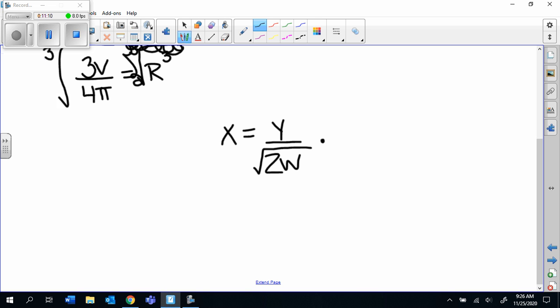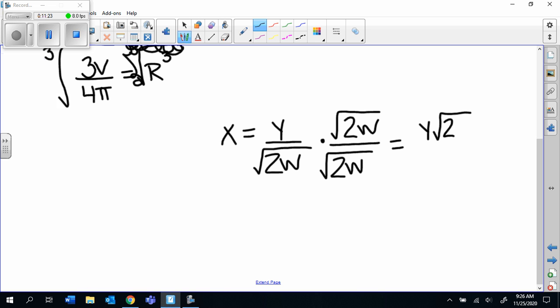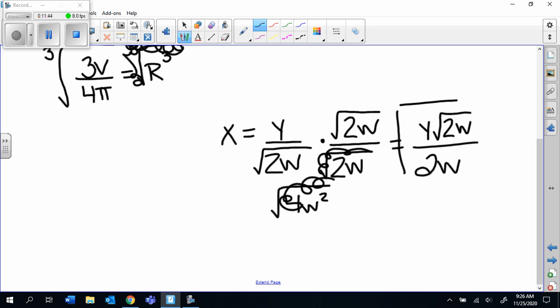Again, in my math lab, we would need to rationalize that denominator, and so we would have y radical 2w over, and then 2 times 2 you know is 4, w times w is w squared, so when that becomes underneath the radical, the whole point of doing this is so that the radical breaks free, and you end up with 2w, and the radical moves from the denominator into the numerator.